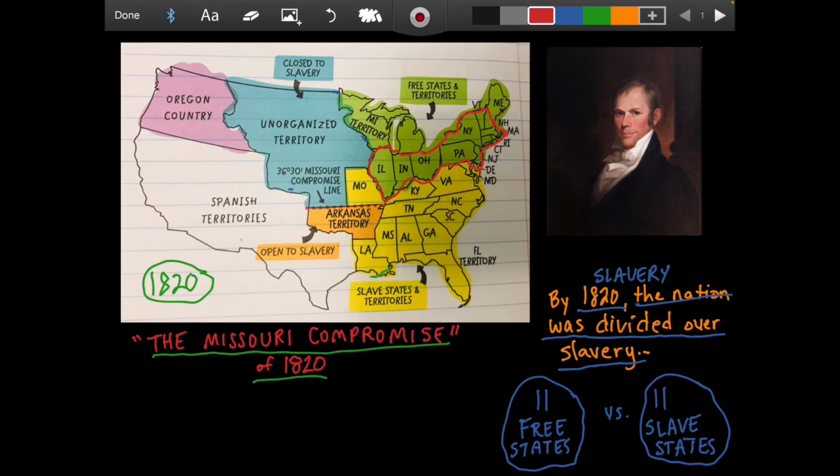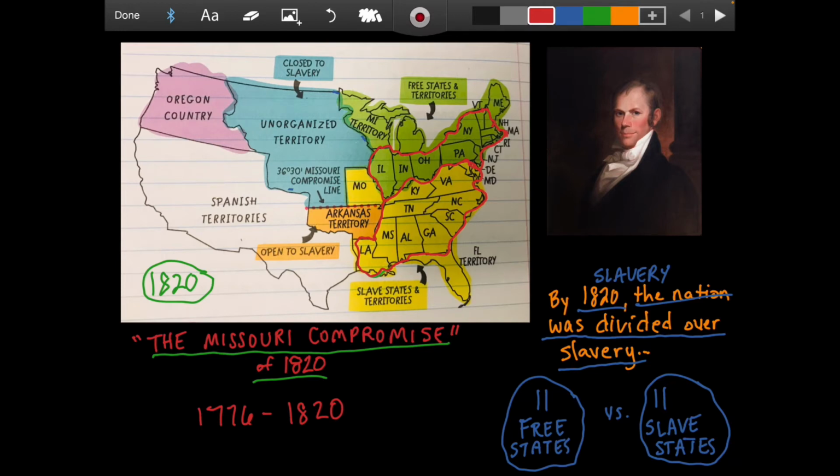These are states where slavery is not allowed. And then down in the south, we have what's known as the slave states. And if you were to add them all up, it would be 11 to 11. So there's a certain balance that has been able to be maintained through the early years of the United States, from 1776 till we get to 1820.